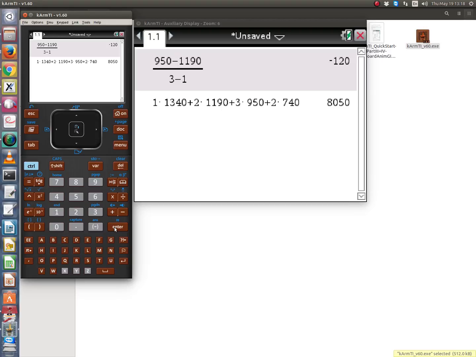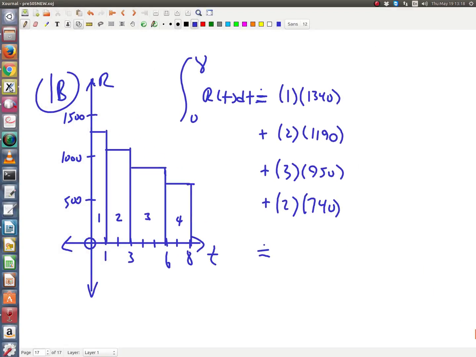And we said it was liters, so that's 8,050 liters. Sorry, my SmartBoard is sticky.